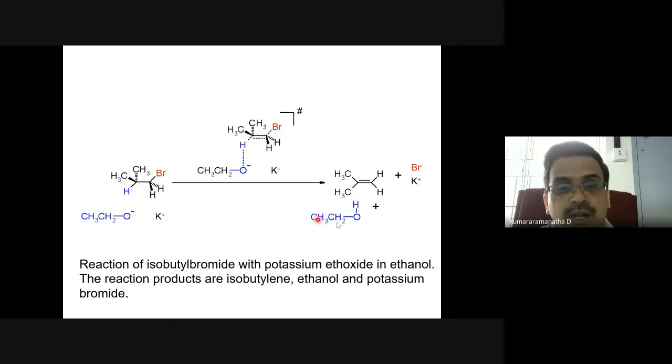You end up getting isobutylene along with ethanol and potassium bromide. For easier reference, we have put K plus and Br minus. You can see this is the intermediate or transition state. Here you start forming bonds with the carbon while bromine is leaving. This is the important step which drives you to elimination reactions.